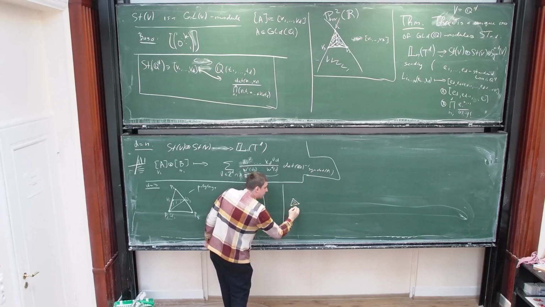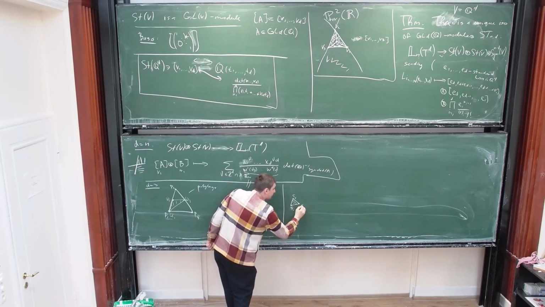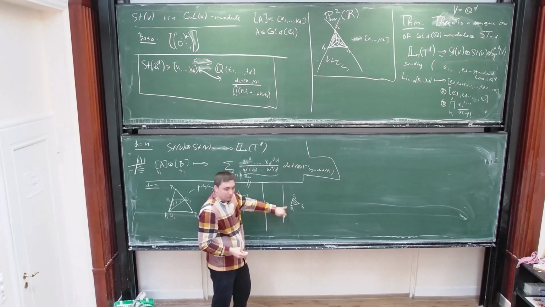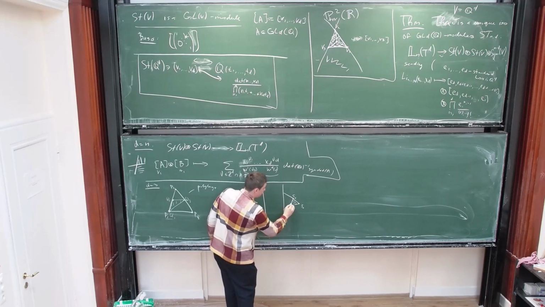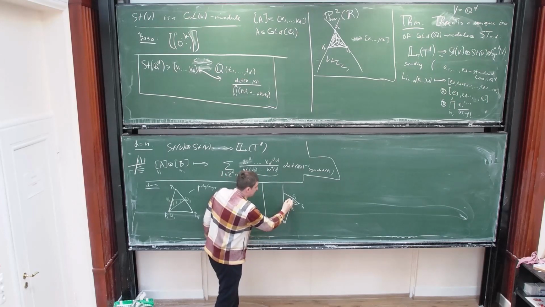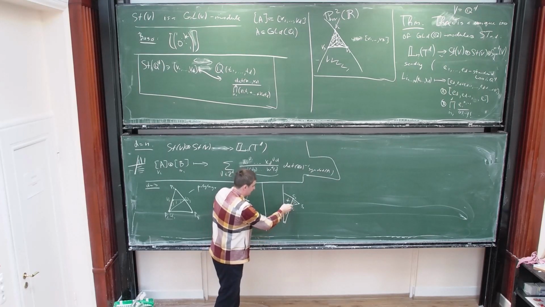So this is some P1, P2, P3. You can rewrite it as a combination of triangles with 2 points on this line. Basically, you draw a picture like this, and then you add this thing, and then subtract.